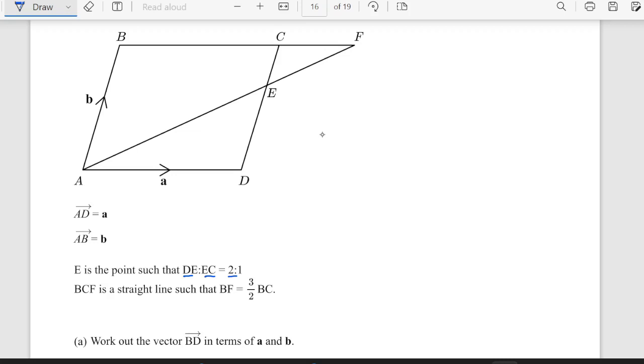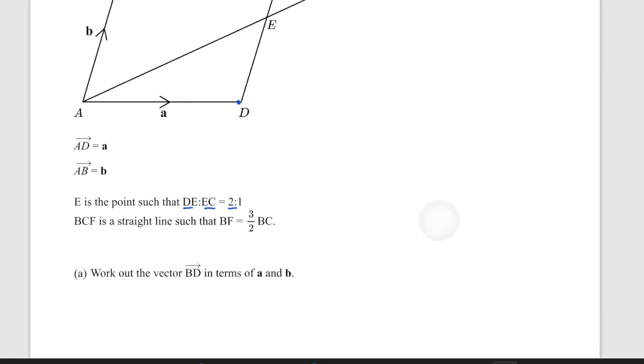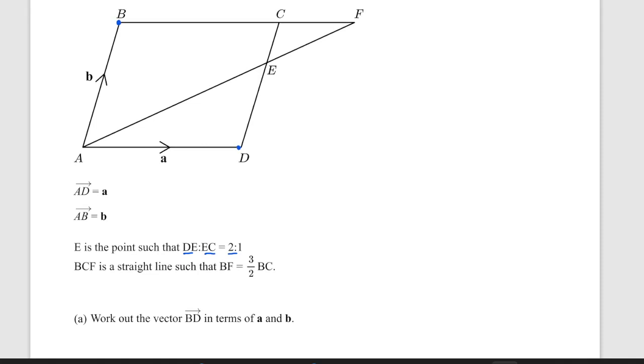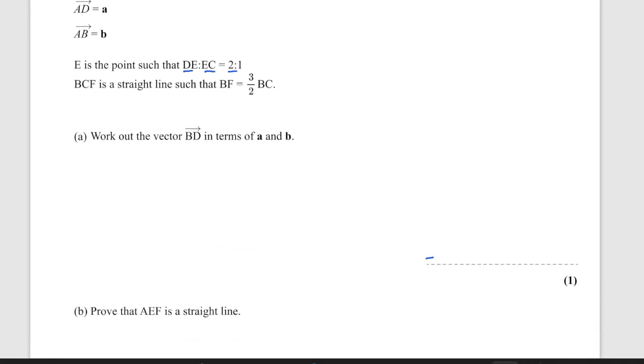Work out the vector B to D. So B to D first of all, so we're going from here to here. So we describe that as minus B plus A.